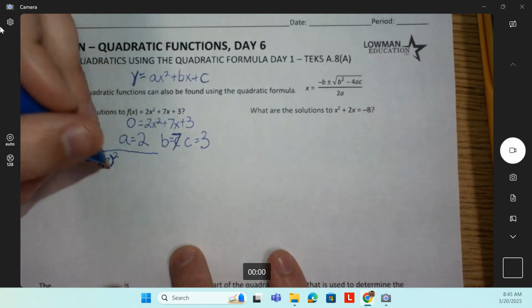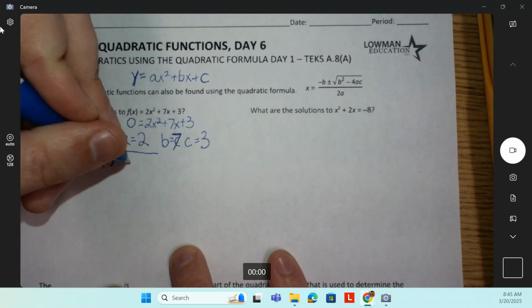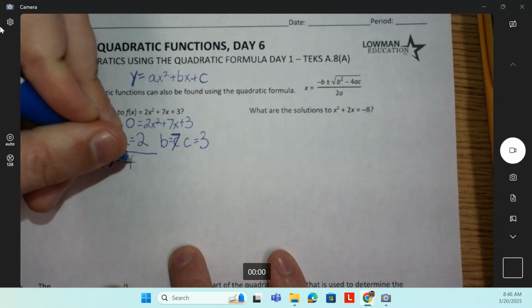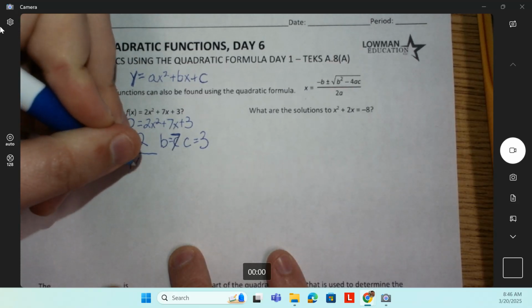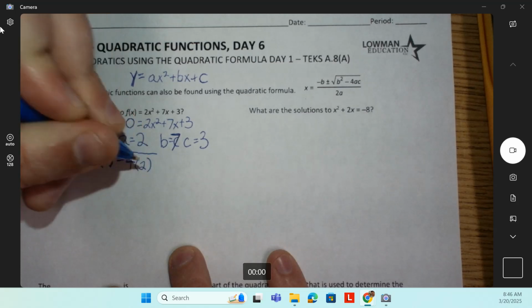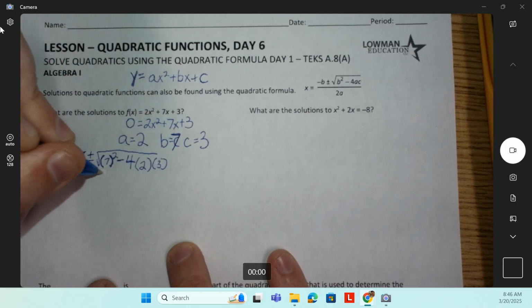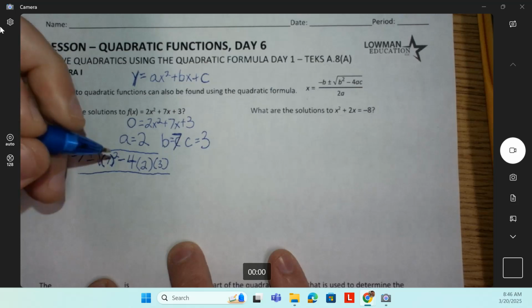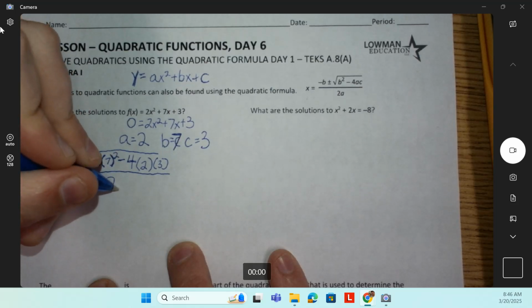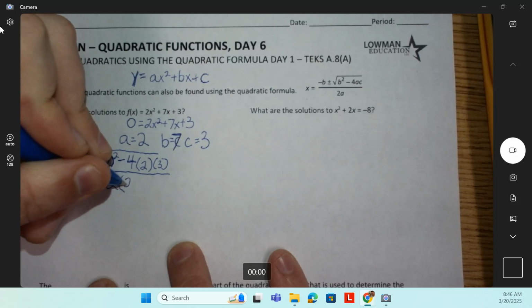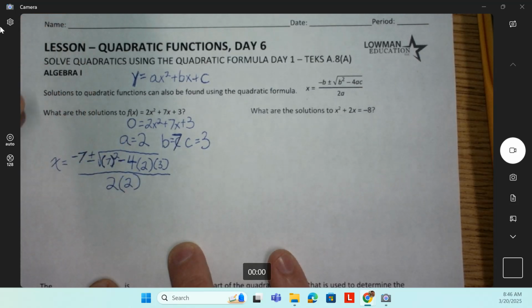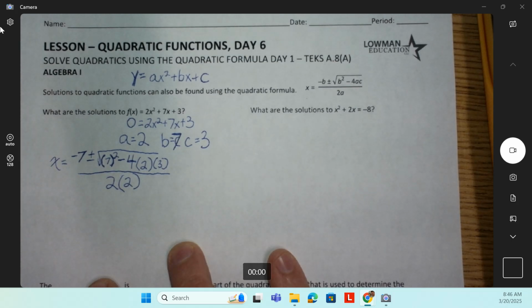So 7 squared minus 4, and that 4 will always just be a 4, times a, which is 2, and c, which is 3. All of that is over 2 times a, which is 2. Then we'll work to simplify this.